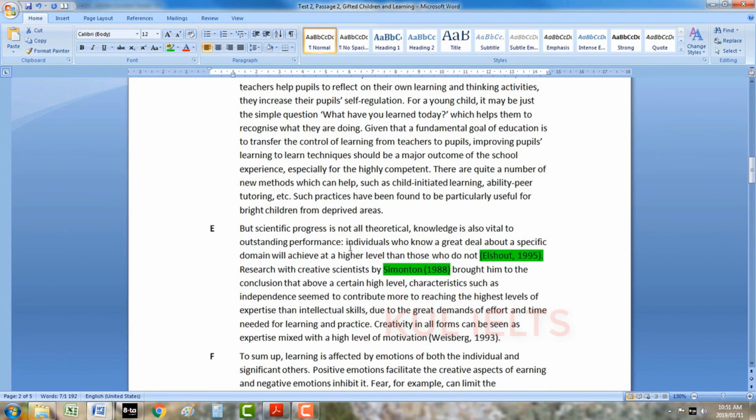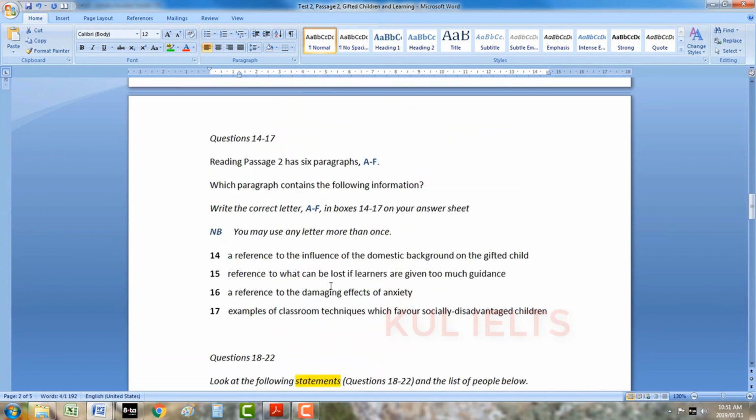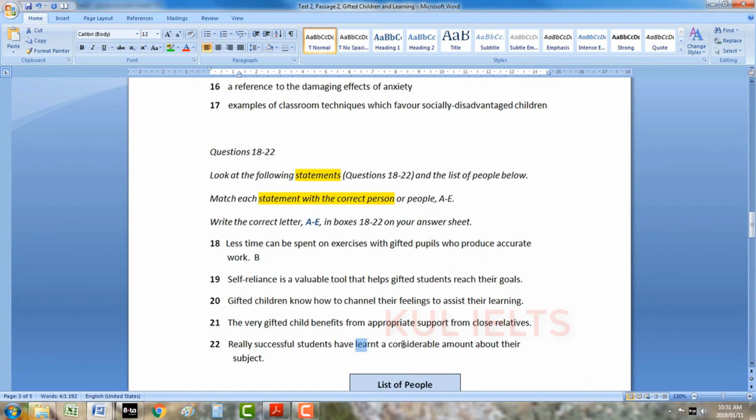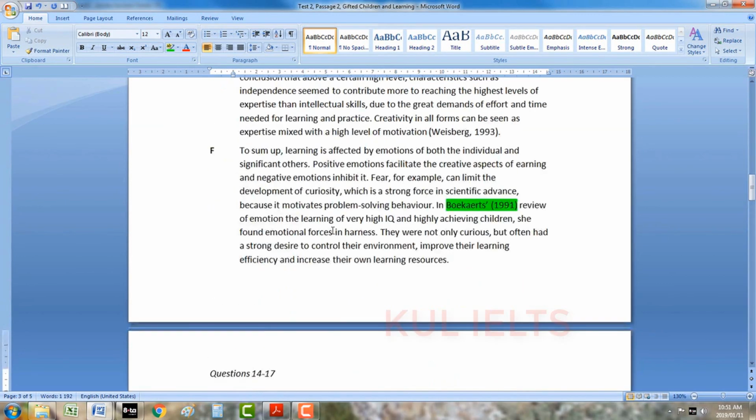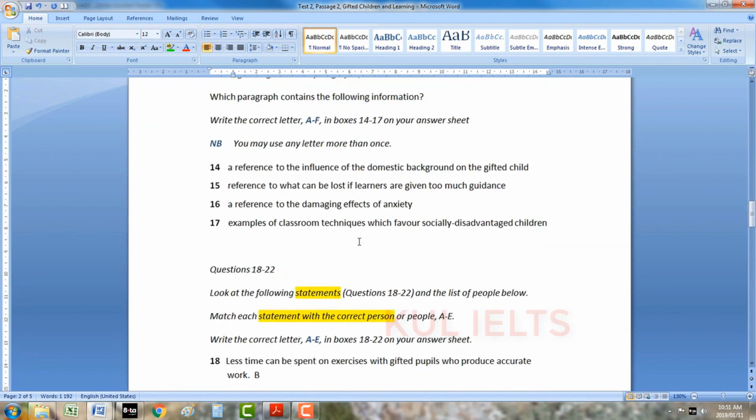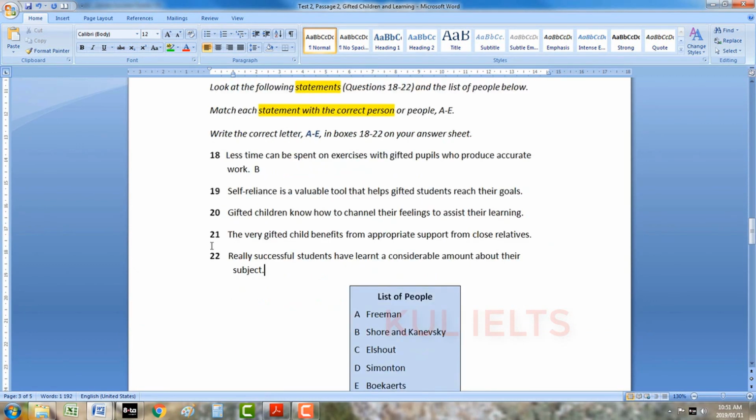Here they use the word domain. Know a great deal about a specific domain. Know a great deal and learnt a considerable amount. That was the key. Domain, you don't know what it is, don't worry, you need to just guess that it means subject. So I'm quite happy that Elshart, who was that? Yeah, Elshart is 22. C.